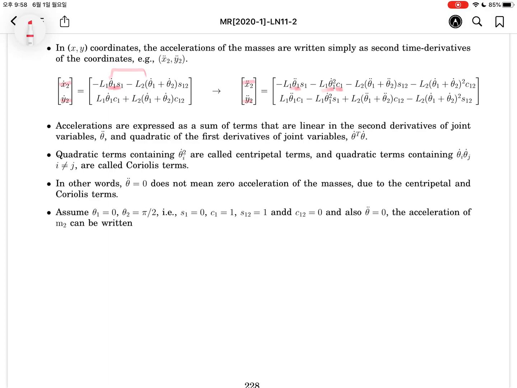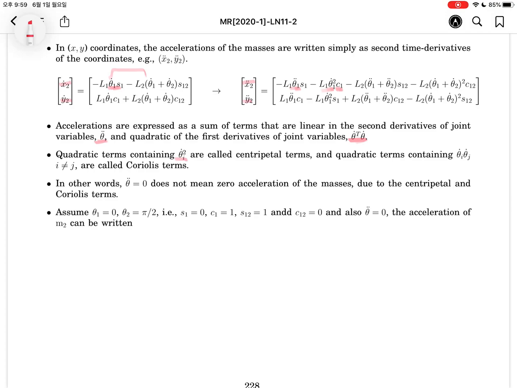Accelerations are expressed as a sum of terms that are linear in the second derivative of the joint variable, theta double dot, and quadratic in the first derivative of the joint velocity, theta dot transpose theta dot. So we should keep in mind that the acceleration depends on theta dot transpose theta dot and is linear in theta double dot.